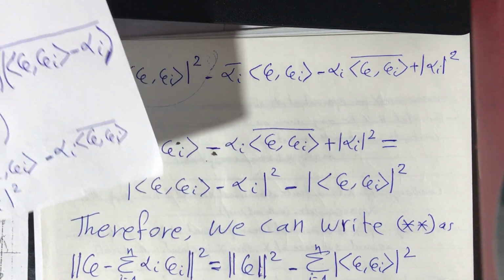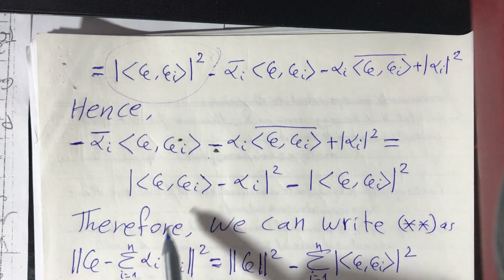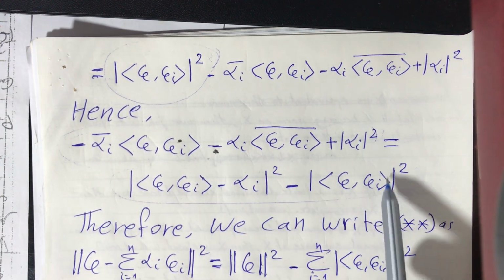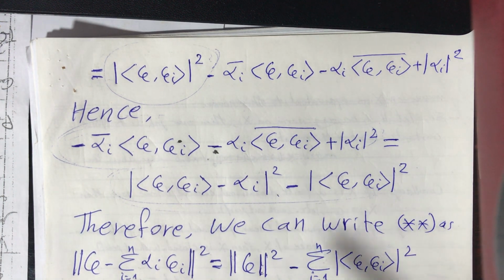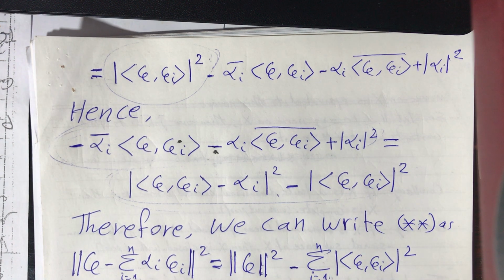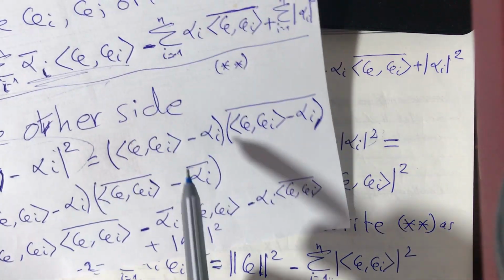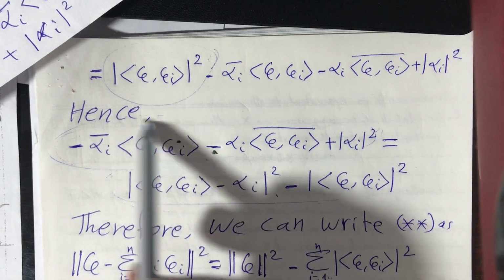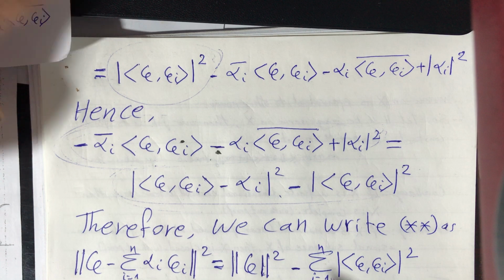We write this is equal to this, and this is equal to this. So the sum of this is also equal to this. So we substitute the summation of this and the summation of this, because this here is equal to this, and substitute in double star. So this is clear.